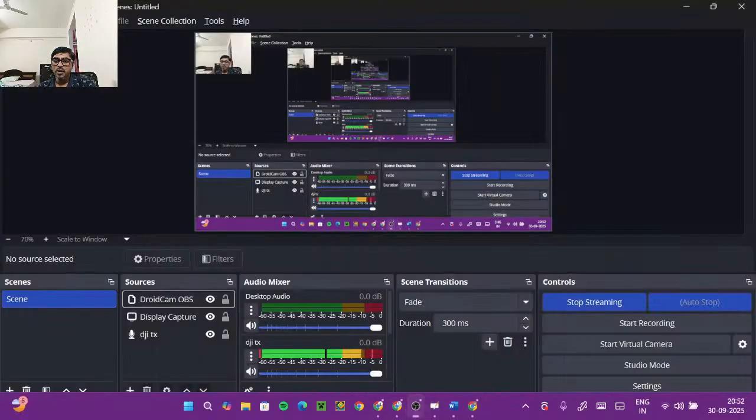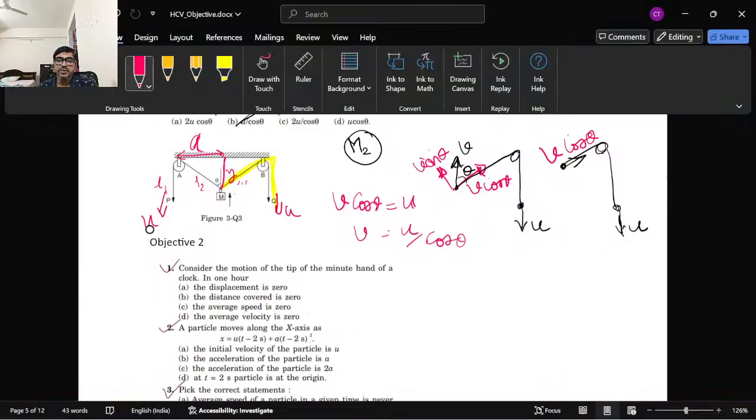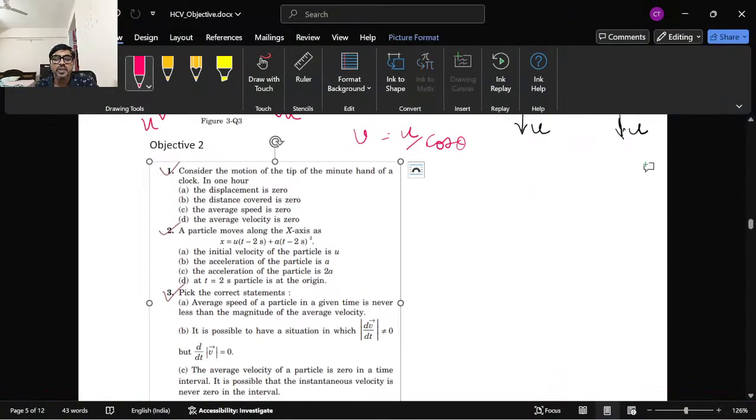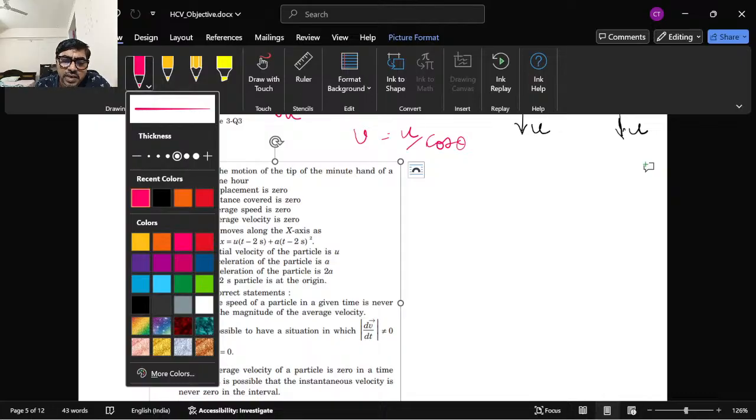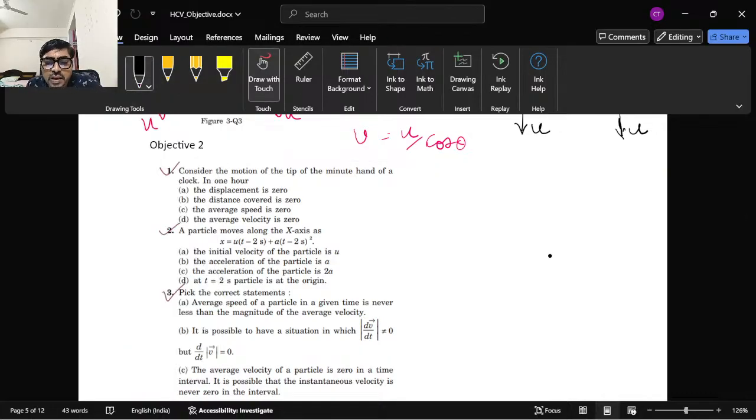Anyway, let's move on. So now let me go through the remaining part of the questions. Objective 2. This is going to be one or more than one answer questions. Let me solve. Consider the motion of the tip of a minute hand of a clock. In 1 hour, the displacement of the minute hand, the big one: let's say 12 o'clock, it will be exactly at 12.